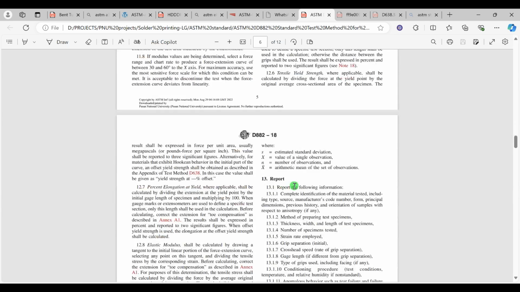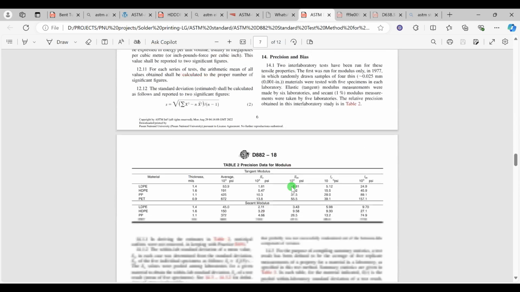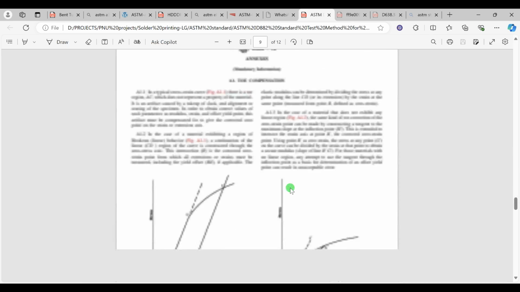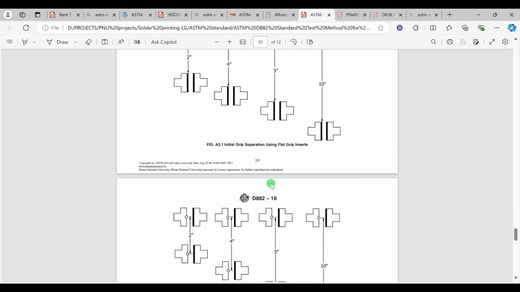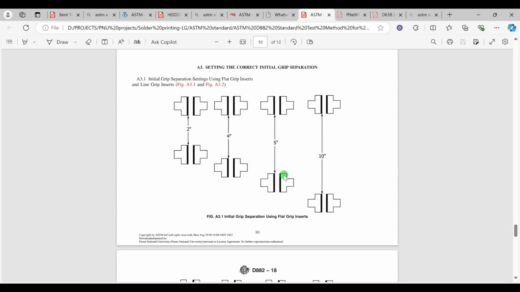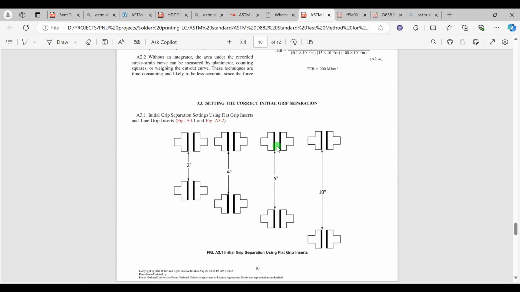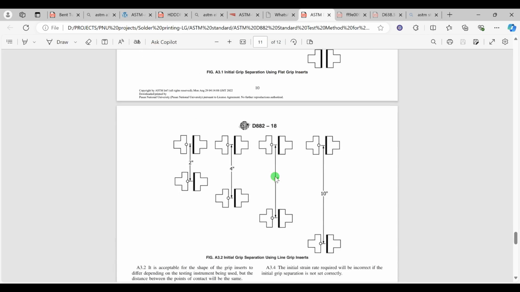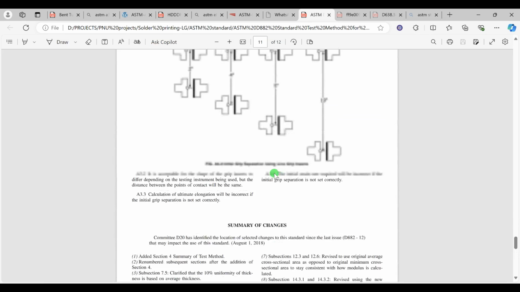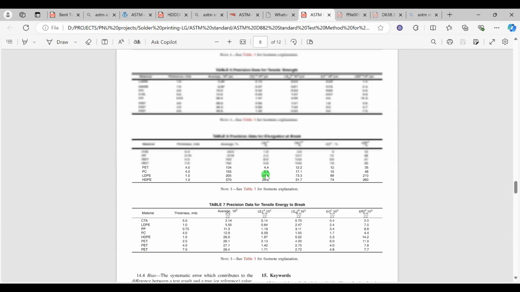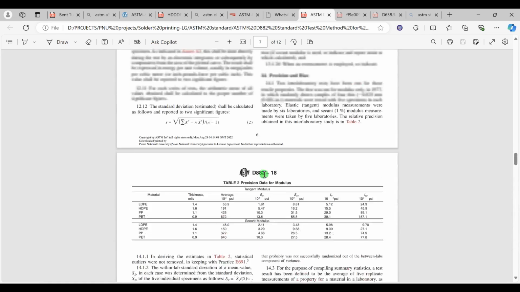The shape of the specimen for this standard should be a simple rectangle, like this one, a rectangle sheet that will be placed between two jaws of the machine. Okay, this is for tensile of thin film and thin mesh fabric.